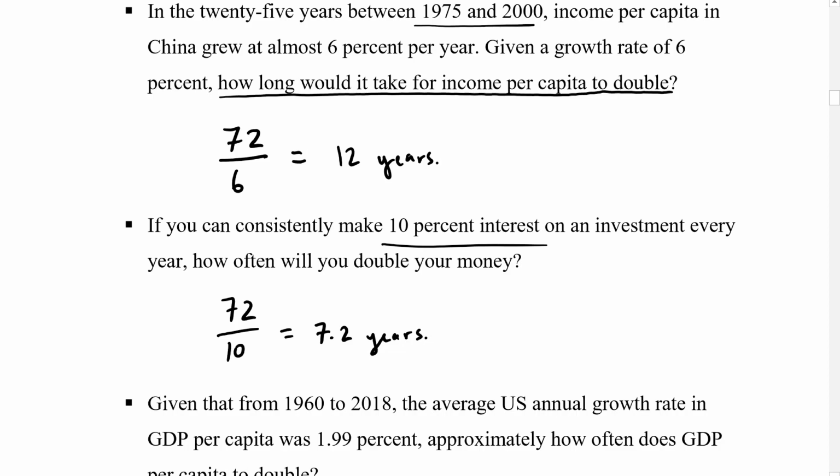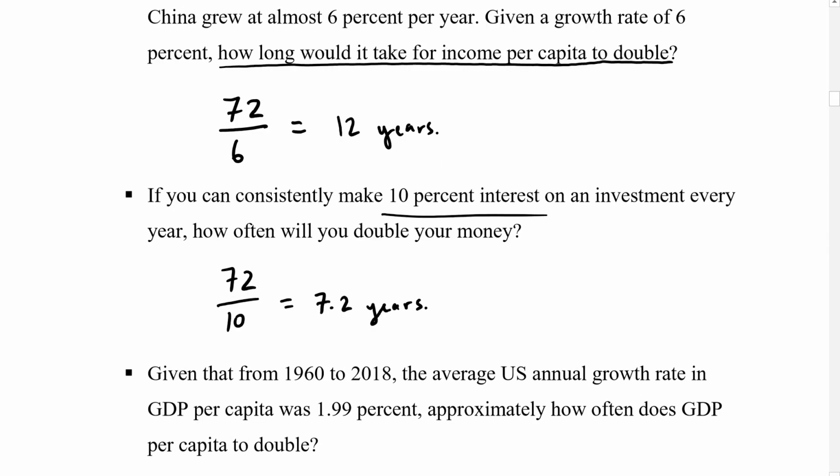So if you can maintain that 10% growth rate over 7.2 years, then you'd be doubling whatever money you started with. It's hard to find investments that will consistently return that, but if you did, you'd double your money every 7.2 years.